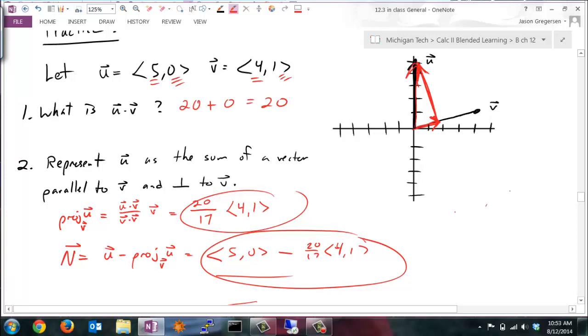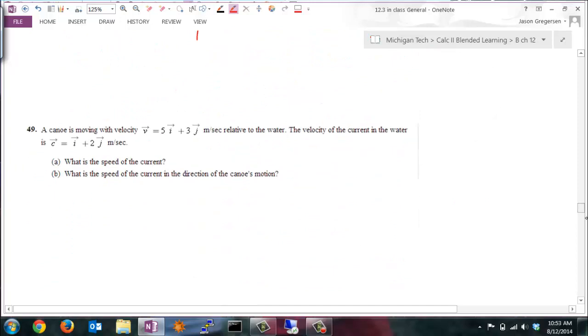Okay. All right, application problem here. We'll just go through what we need to do. We won't do the calculation. A canoe is moving with a velocity given by that vector, 5i plus 3j. So this velocity vector is 5, 3. The velocity of the current in the water is given by this. So now we have a current vector, and it is 1, 2.